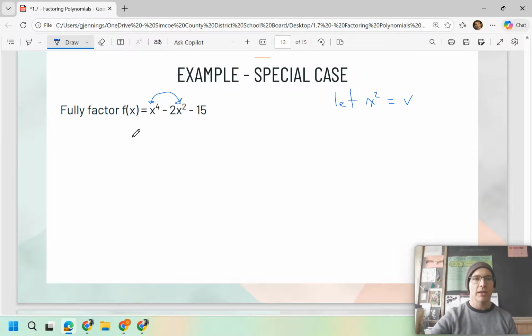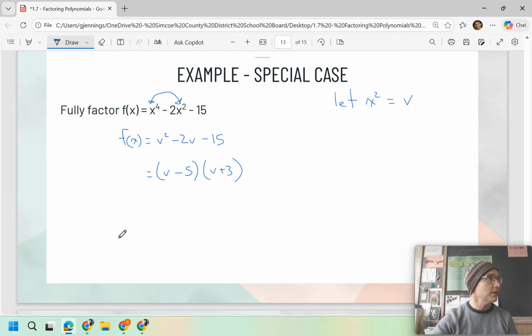All right? And so now we have f of x equals v squared minus 2v minus 15. And that's just a quadratic, right? Okay, so we can just factor that. So that's equal to v minus 5 times v plus 3.